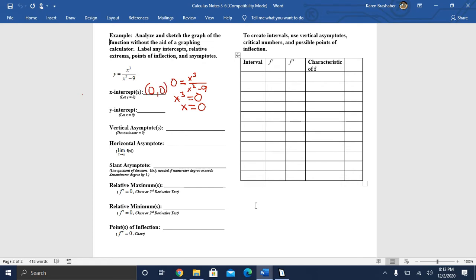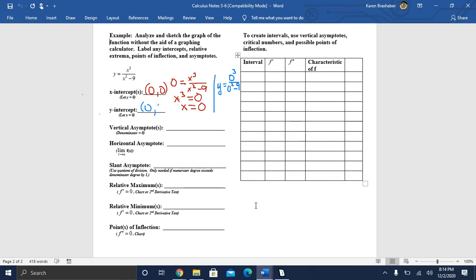And then your y-intercept, to do the y-intercept, you let the x be 0, so y would equal 0 to the third over 0 squared minus 9. And again, that's going to be a 0 over a negative 9, and that's going to be 0.